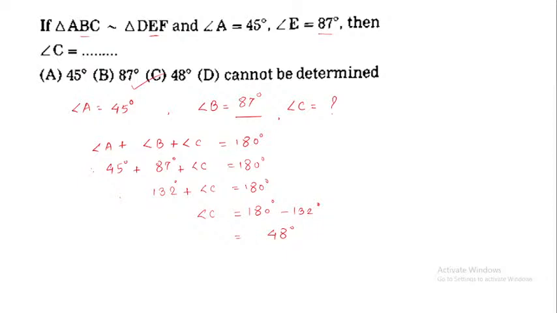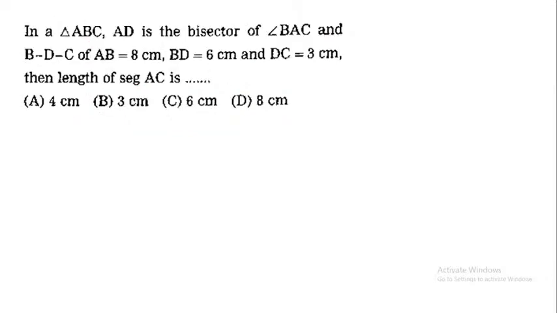Okay, let's have the next question. In triangle ABC, AD is the bisector of angle BAC and B, D and C are collinear points. AB is equal to 8, BD is equal to 6, DC is equal to 3. Then the length of segment AC is: 4 cm, 3 cm, 6 cm or 8 cm.